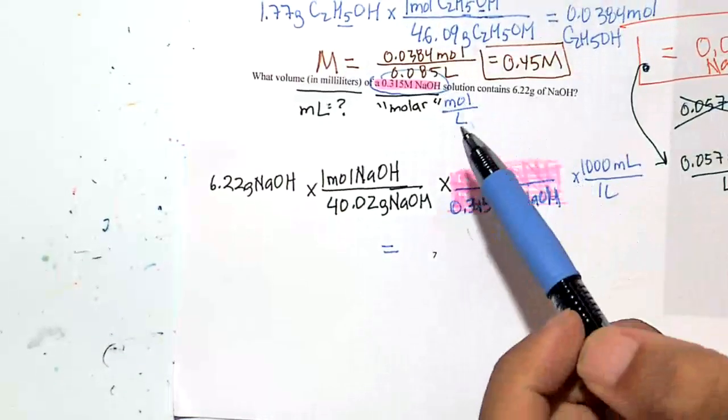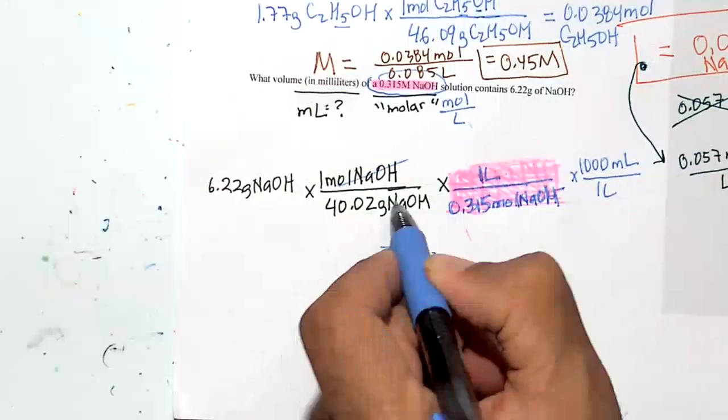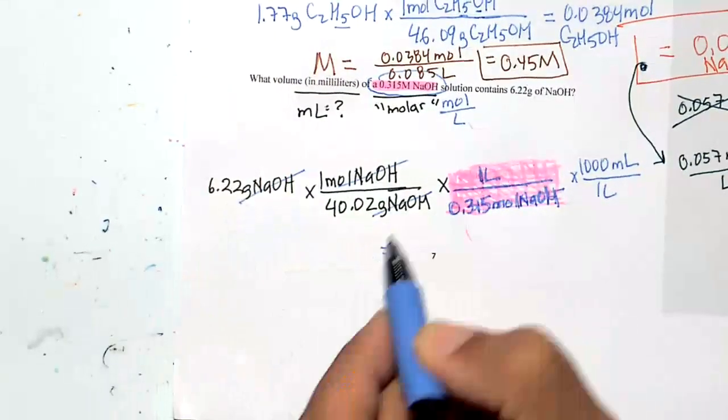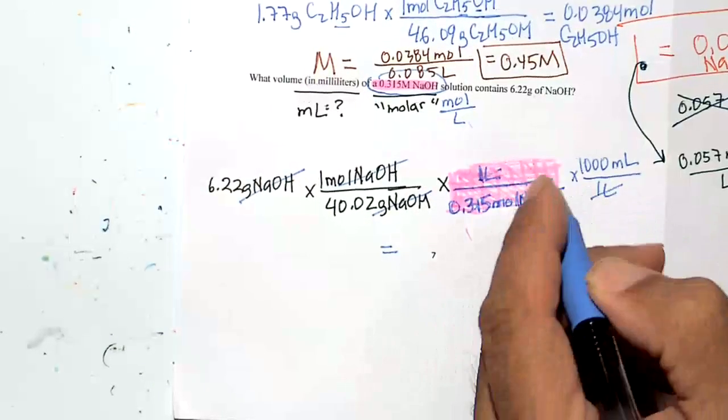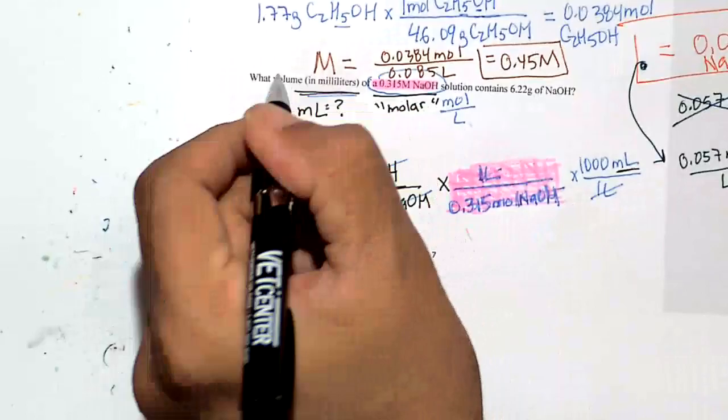So moles over liter, but I made it liter over moles so that this mole and this mole can cancel, this gram and this gram can cancel, this liter and this liter can cancel, and I'm left with mLs, milliliters.